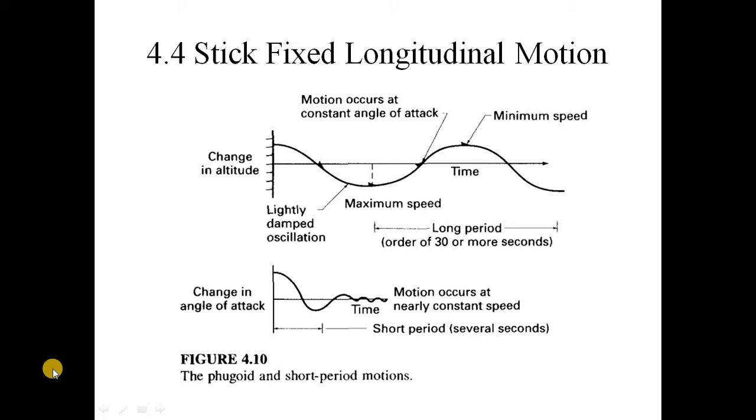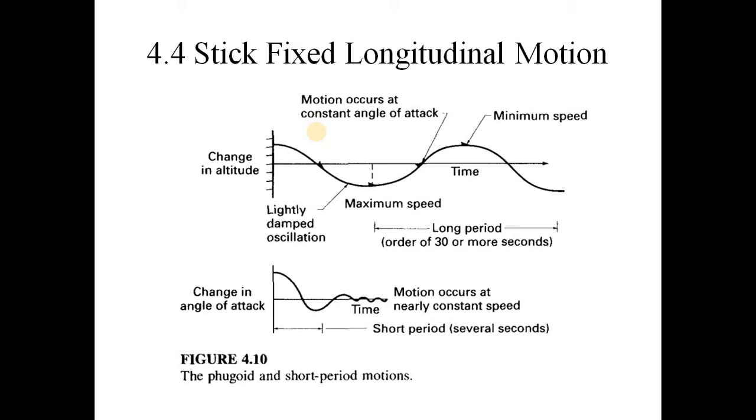If you look at this picture, what happened in the long period of phugoid? It's a kinetic and potential energy interchange. So basically, there will be change in altitude and airspeed, especially the forward airspeed.